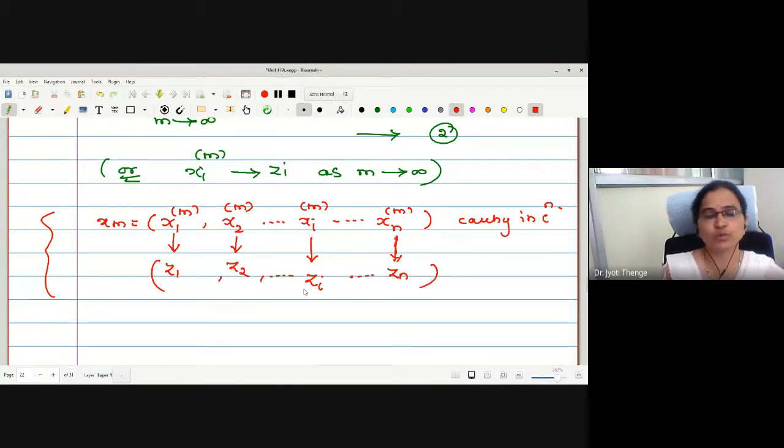My job is to show that this xm converges to this n-tuple vector, and let me denote it by z. That is, we collect all the limit points of these converging sequences and put them in one bracket. It will be an n-tuple vector. The job is to show that xm converges to z. Is the point clear?